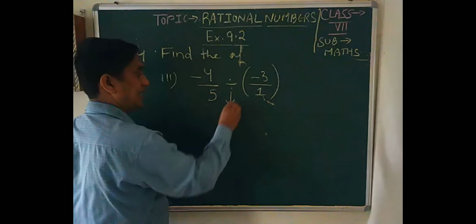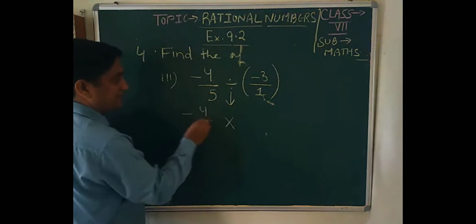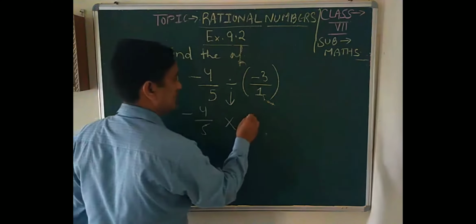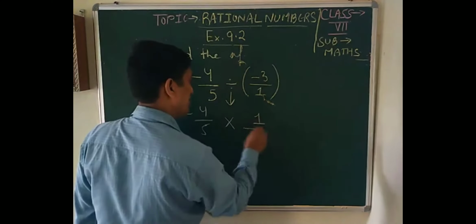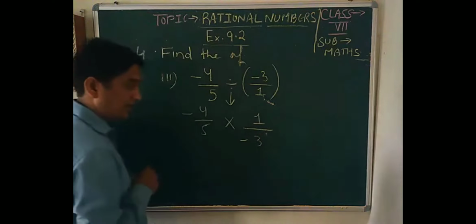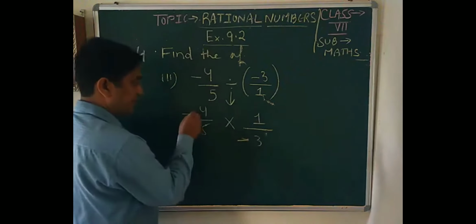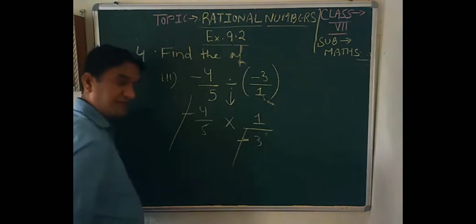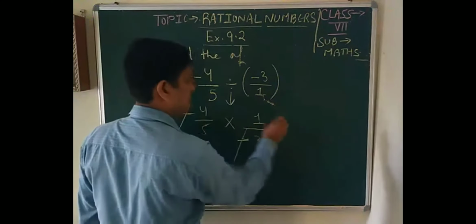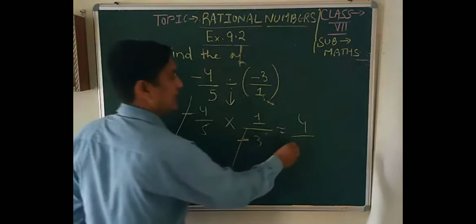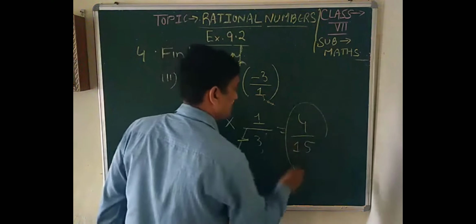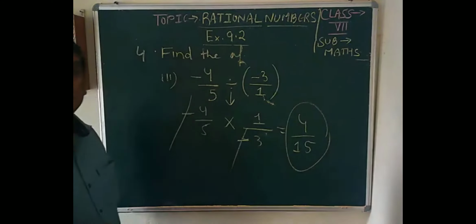Now change this sign to multiply and write down the reciprocal, 1 upon this minus 3. Now there is nothing common between them except this minus sign. So we will cut this minus sign and we get 4 ones are 4, 5 threes are 15. This is your answer, 4 upon 15.